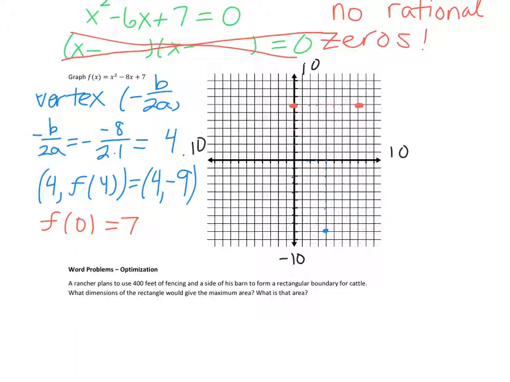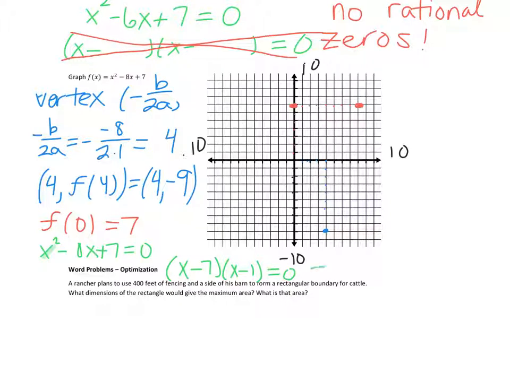And then finally, we're going to do our x-intercepts. Do we have x-intercepts this time? That's when x squared minus 8x plus 7 equals 0. And this time we do, because that factors as (x minus 7)(x minus 1) equals 0.